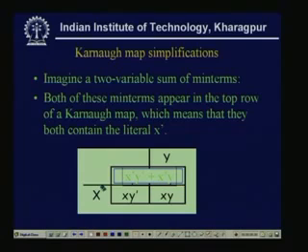Say this is the left hand side, the variable is x, that means this one is denoted by x dash. So, for the first row the literal is x dash. Similarly, for the first column the literal is y dash.